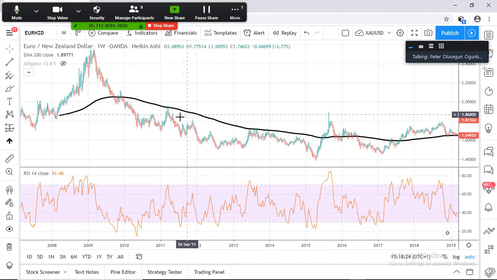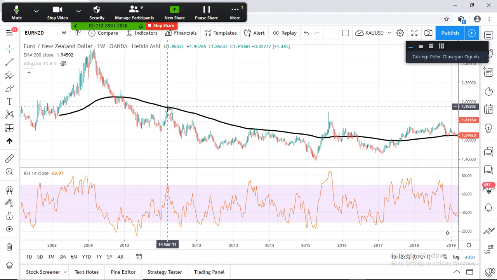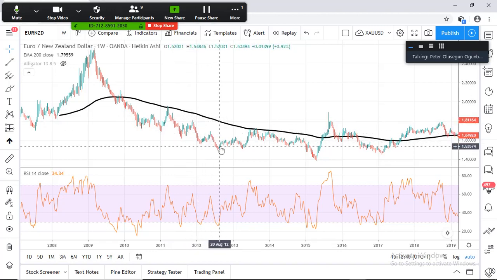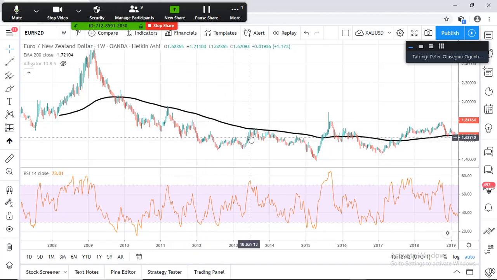But more or less, these are things that happen in the market. There's no way around it, you will lose some money and you gain most money. So all you can do is gain most money and lose a little. So from here, it went down. The plateau never got to this point again. Then it went down.